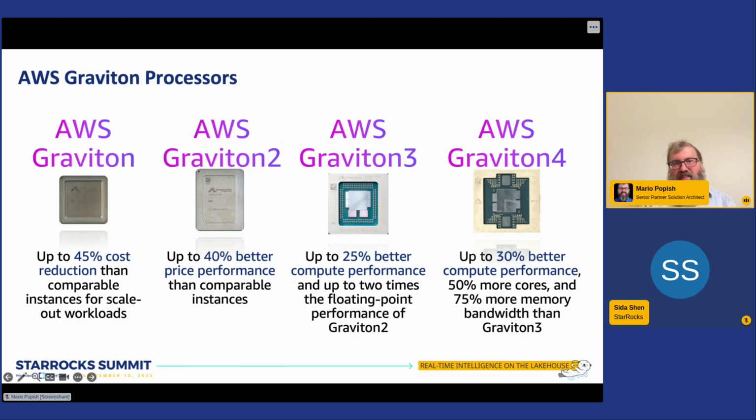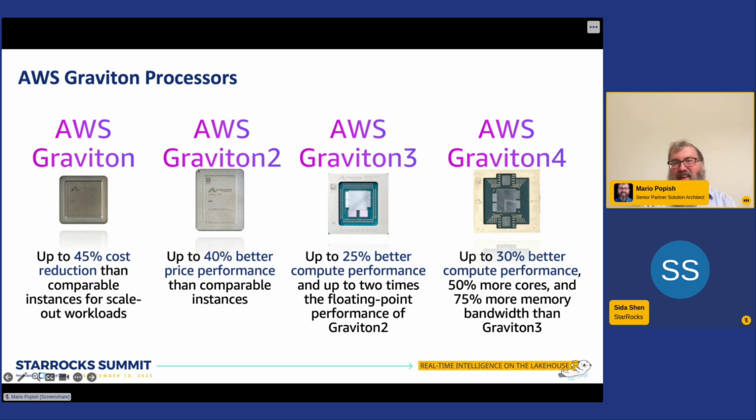So that was our first generation. In our second generation, this is when we started to recognize that customers wanted to scale up and not just out with Graviton processors. This offered up to 40% better price performance compared to other instances. By the time we launched the third generation of Graviton, we started just comparing it to prior generations of Graviton because we didn't want to compare it to the other instances as it was just getting so good.